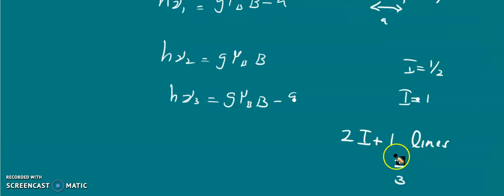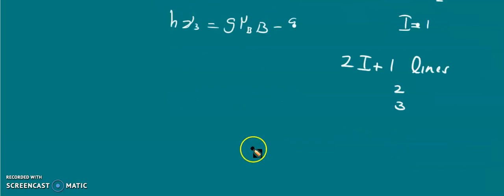So we can say that whenever an unpaired electron interacts with a nuclear spin I, then the number of hyperfine components expected is 2I plus 1.